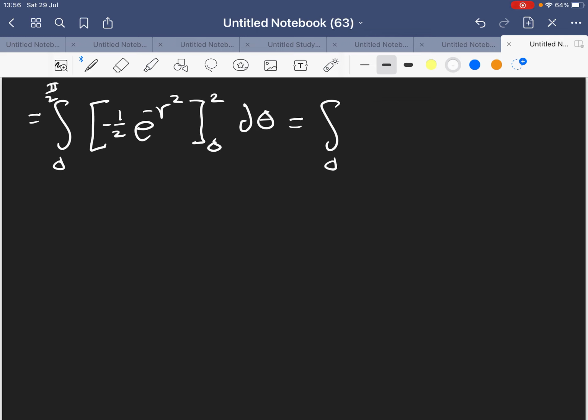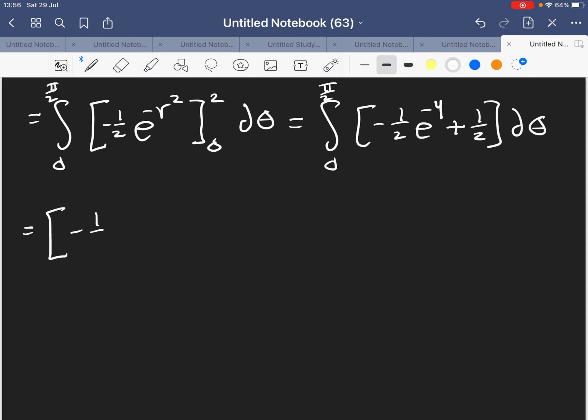If we now substitute what we need to substitute, this will be negative half e to the negative 4 plus half e to the power 0, which is 1, so I don't need to write e to the power 0. I will get this one. Of course, the constant can go all the way outside: negative half e to the negative 4 plus half.